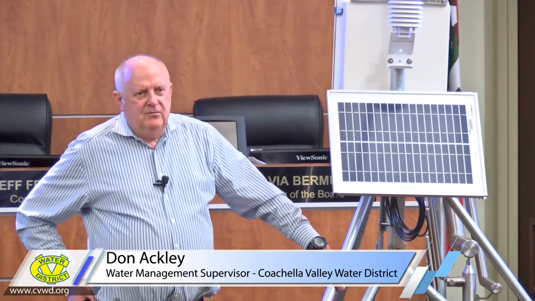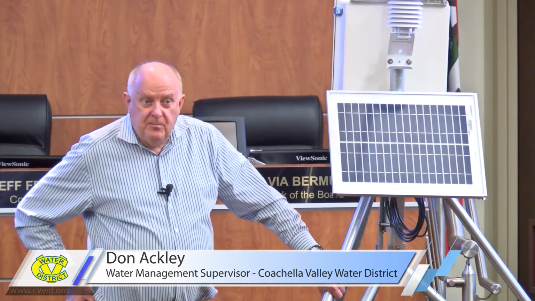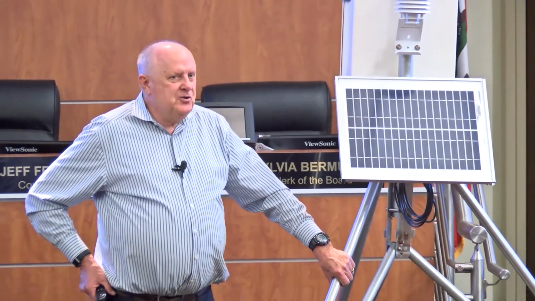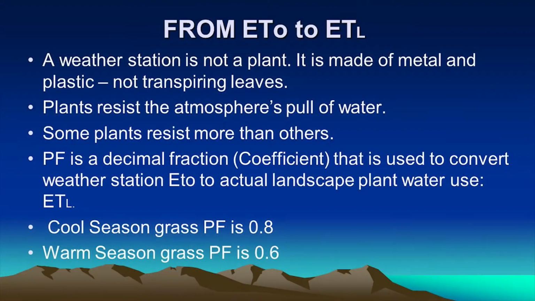There's no stomata, which is the plants' sweat pores, and it doesn't transpire. It just measures the atmosphere. It doesn't measure plant water use. It says the atmosphere is this dry, and so this is how much water the atmosphere wants from your landscape. A weather station is not a plant. It's made of metal and plastic, not transpiring leaves.